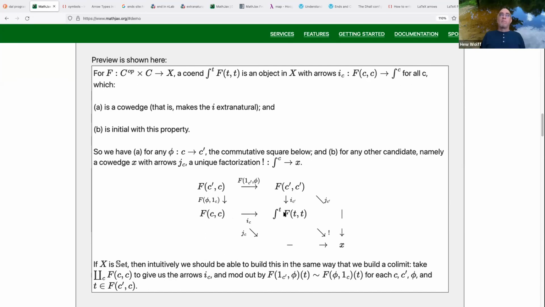So what does it mean that you identify them? They're very different parts of the coproduct. Yes, but the coproduct is just a set. If you have an equivalence relation on a set, you can mod out by that equivalence relation. So you just have to say what the equivalence relation is exactly.